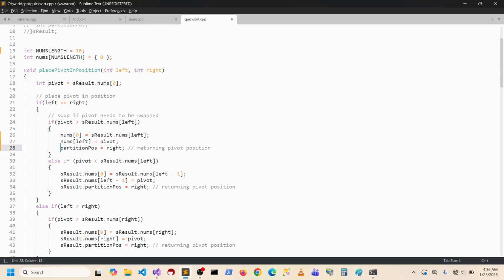Rotation position. And then partition position. Returning pivot position. So else, else, else.